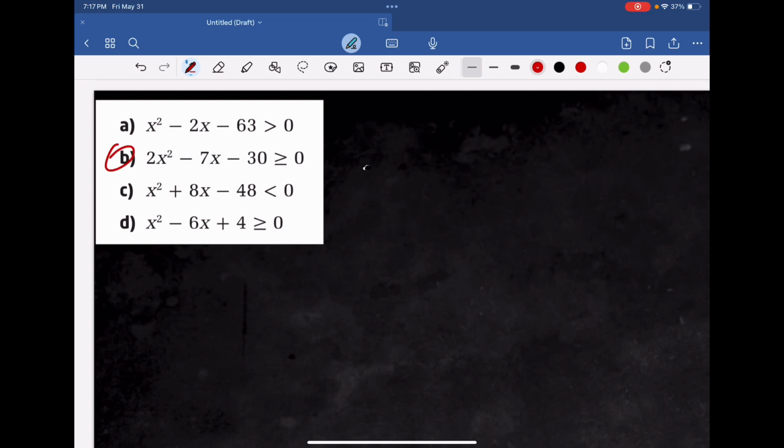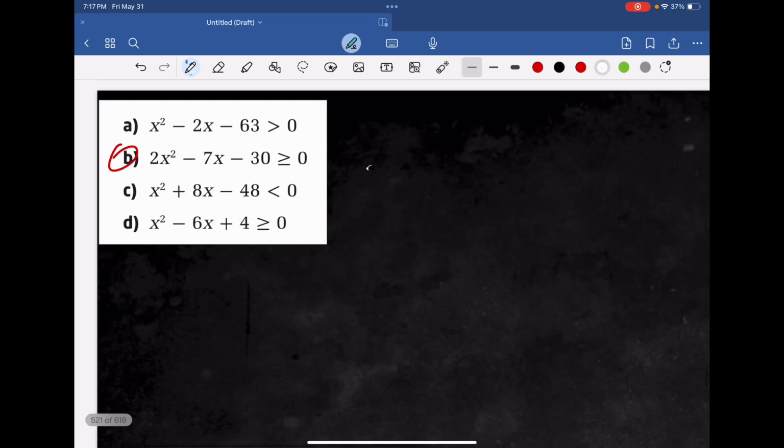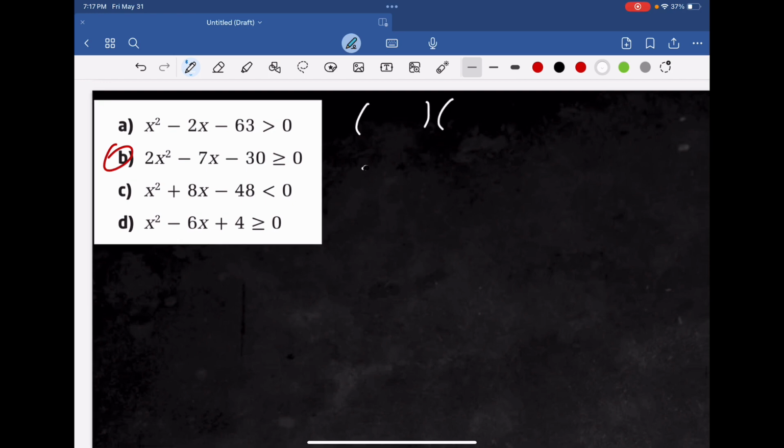So 2x squared minus 7x minus 30 is greater than or equal to 0. We should also write it as something times something is greater or equal than 0.